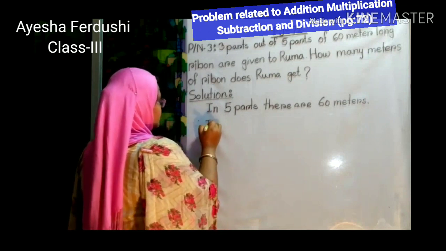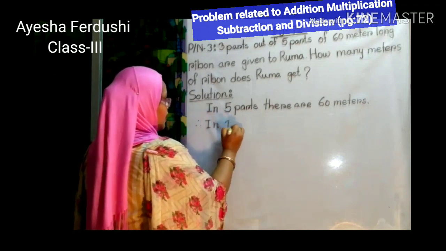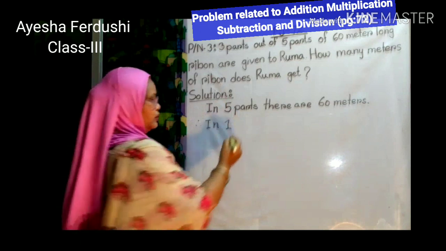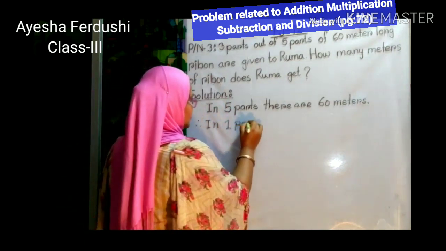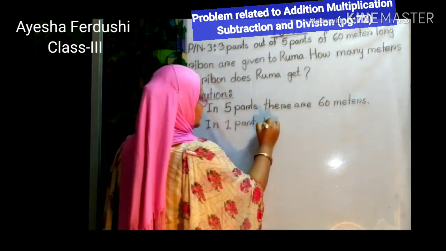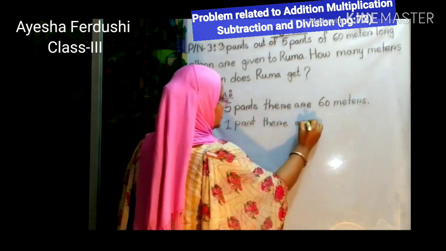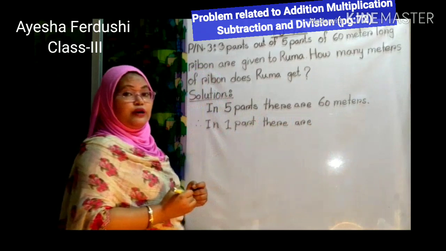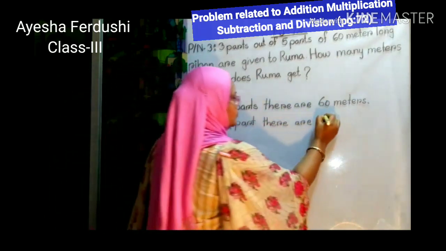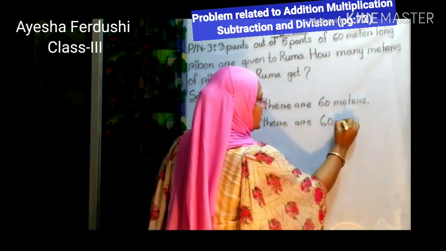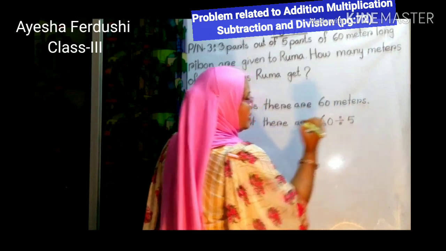So under the 5 you will write 1. How can you find? By doing division. 60 divided by 5.